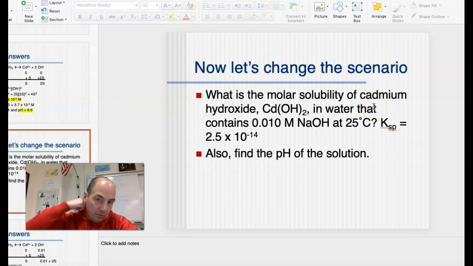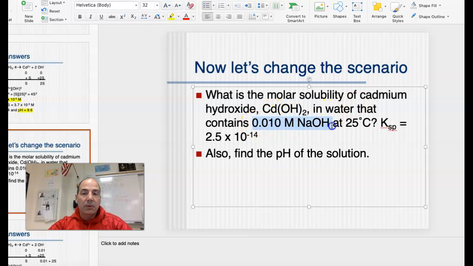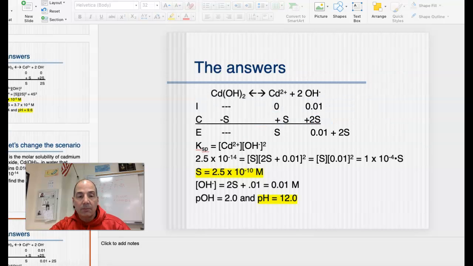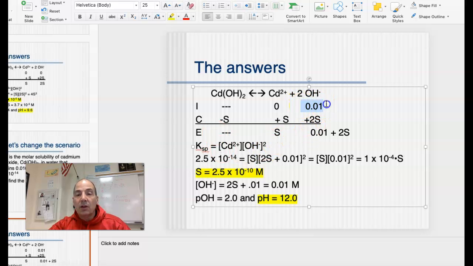So let's assume we're going to redo the same problem, but now we're going to say the water had a little bit of sodium hydroxide in it. What's that going to do? All right, so pause it if you want to give it a try yourself, but I'm going to go on. So the only change is now, because of the sodium hydroxide, we're starting with hydroxide ions in there, about 0.01 molar.